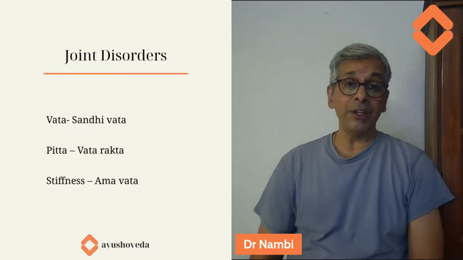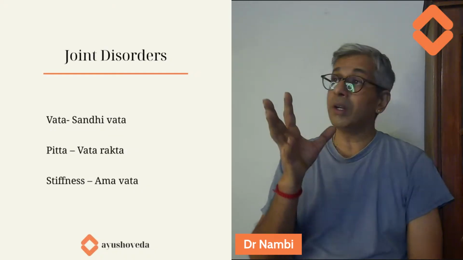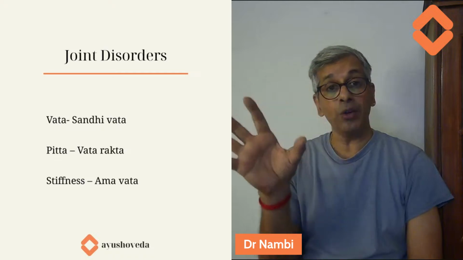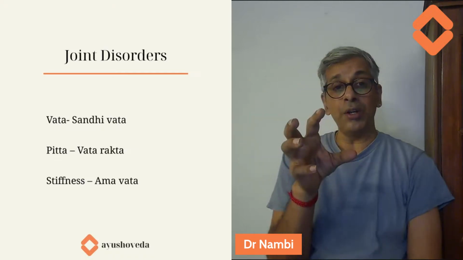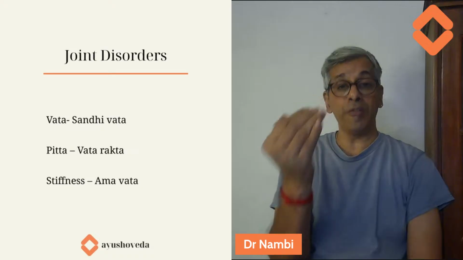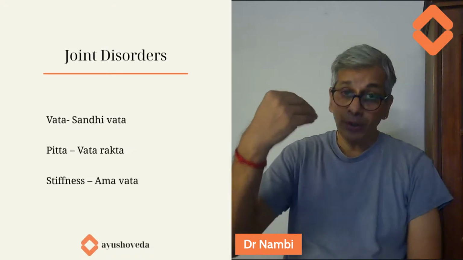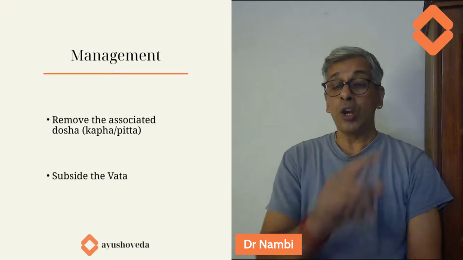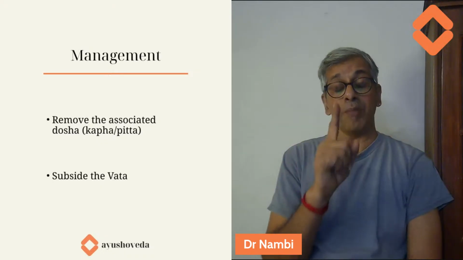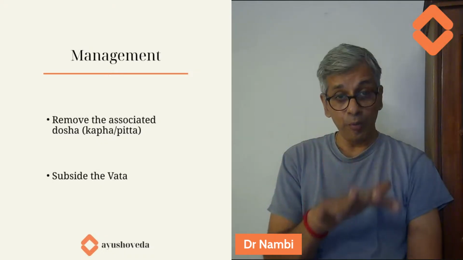So in all conditions, we have to take care of the secondary dosha, because mostly all these joint diseases have a predominance of vata. So you will have to bring it to the vata state before we pacify it. Remove the associated dosha, kapha or pitta. You have to remove it.